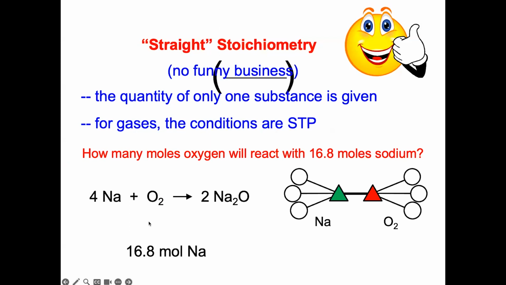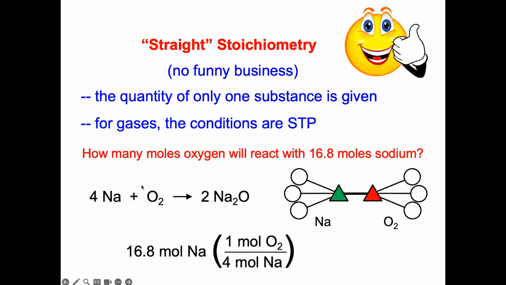And then we know that we have a 4 moles to 1 mole ratio, correct? For 4 moles of sodium, we're going to use 1 mole of oxygen. Is that clear? Okay. And that lets us cancel the sodium out.